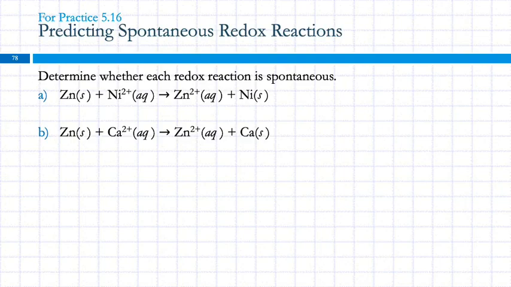So here's zinc with a charge. Zinc got the girl. So is this going to happen? Yes. So this is spontaneous.